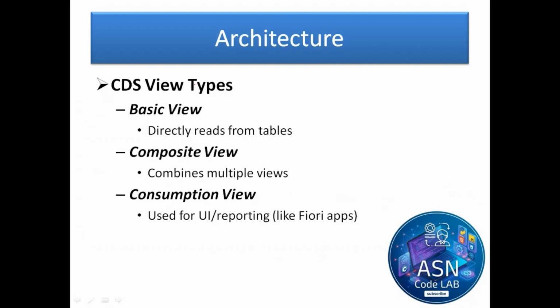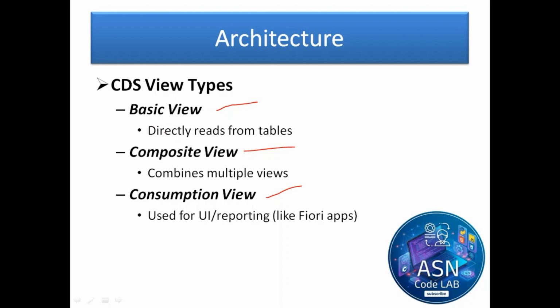Coming to CDS types. CDS views have three types: basic view, composite view, and consumption view. Why are CDS views inside the architecture? Just to show you, by comparing, how the views behave compared with our architecture.